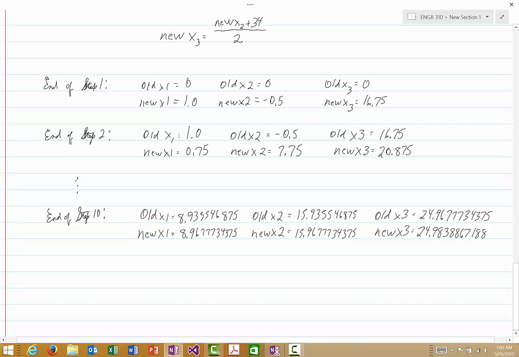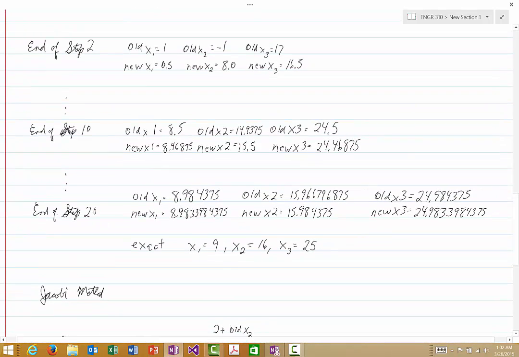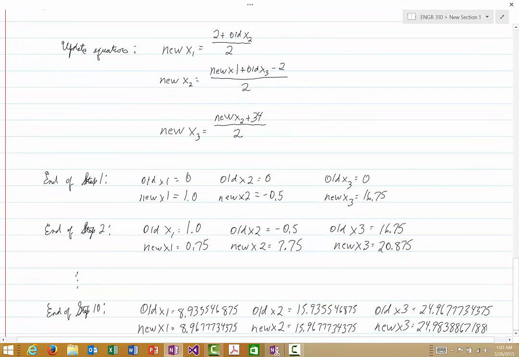And the thing I'd like you to notice now is how close the new values for the x's and the old values of x's are after only 10 steps. If you compare that to what we had before, you see that the differences between the old x's and new x's after 10 steps was much larger when we used the Gauss Seidel procedure than it is now when we use the Jacobi method.